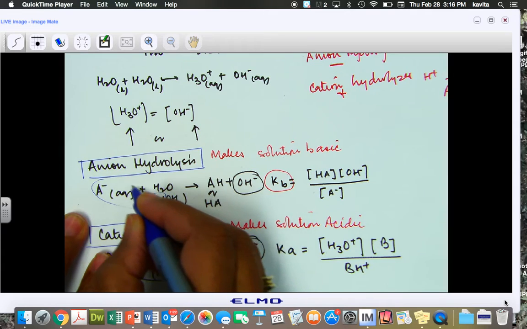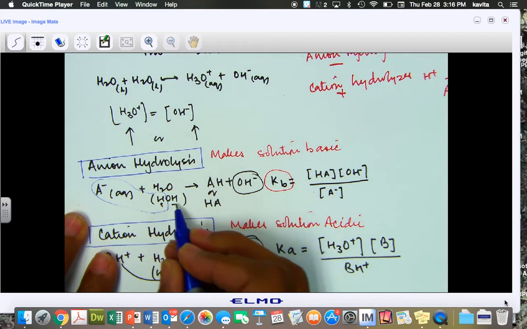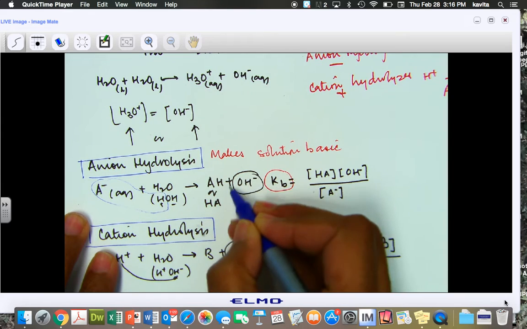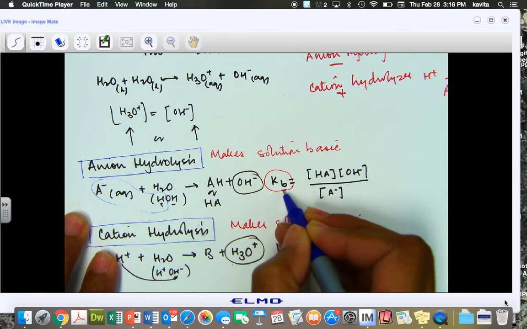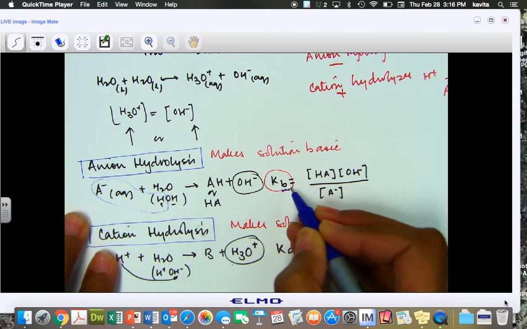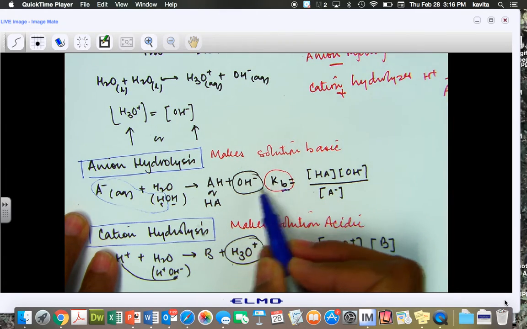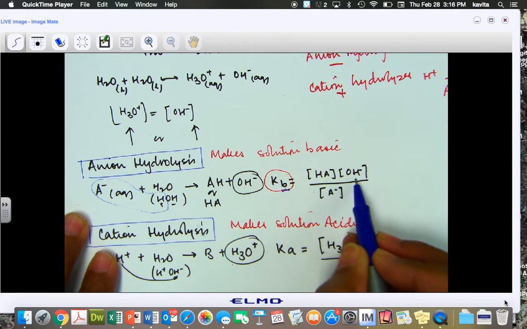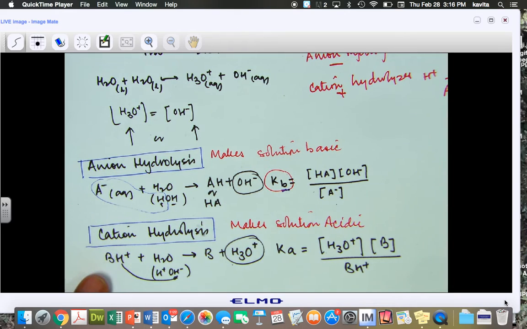A- will go with H+ forming HA, and then OH- will be left over. Because you are increasing hydroxide ion concentration, we'll write a Kb or base equation, because increasing hydroxide ion will make it basic. Pure liquids and solids don't get added, so the Kb expression is [HA][OH-] over [A-].